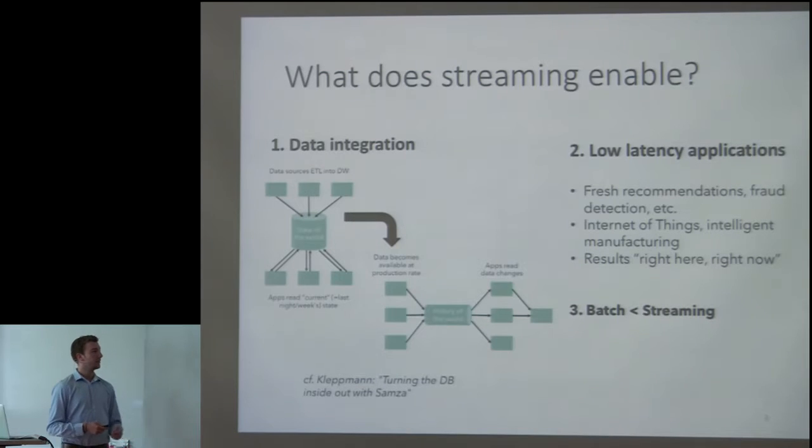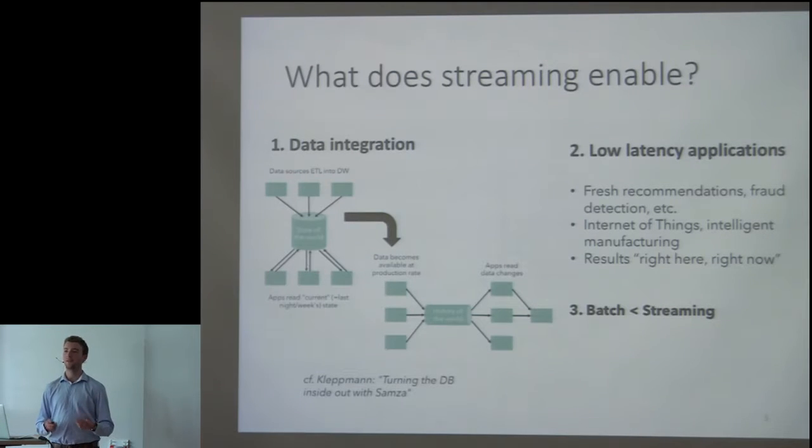Stream processing turns this into another pattern: instead of periodically updating our state, we will continuously update it as new data becomes available. So instead of storing the state of the world in a database, we will store the history of the world in a streaming system and continuously update our current state as new data flows in.